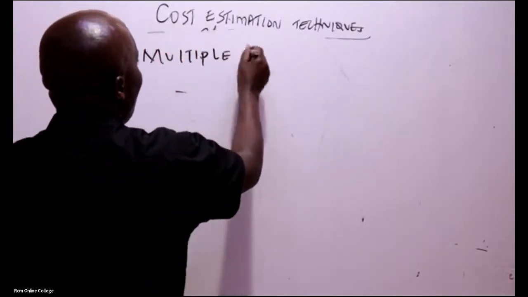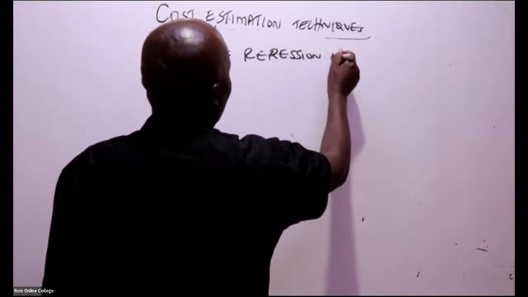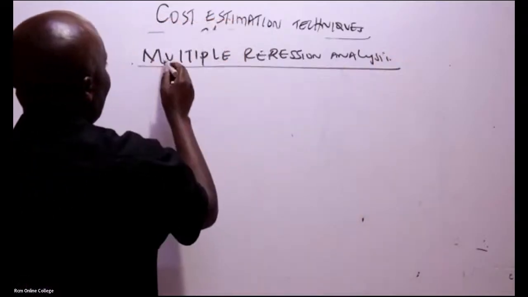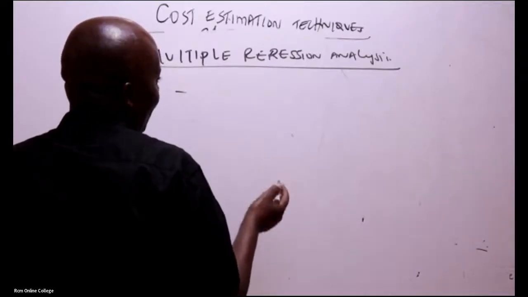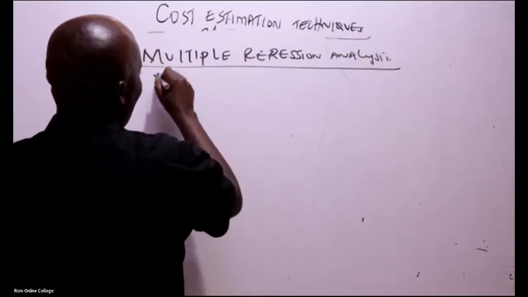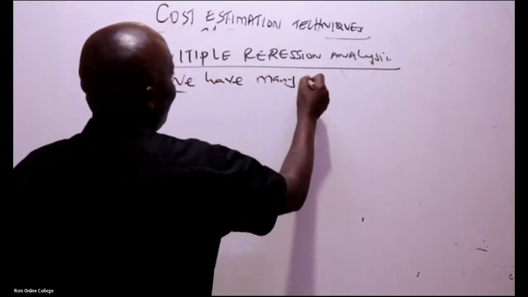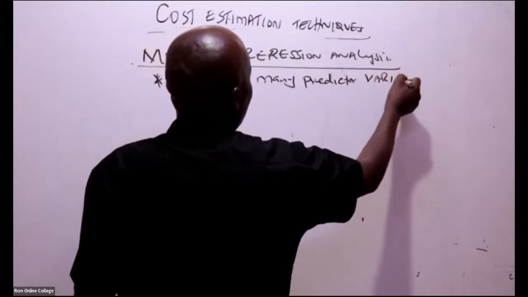ANOVA table. Yeah, in most cases, they will test you on multiple regression analysis. So basically, in this case, under multiple regression analysis, we are given 2 or more predictor variables.